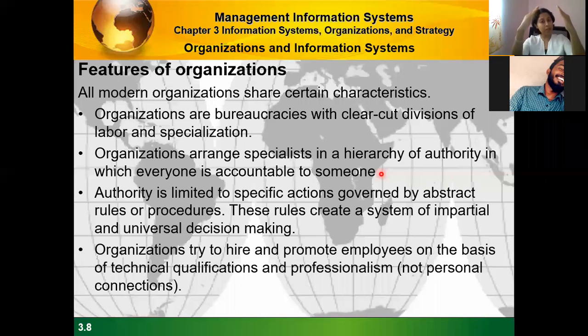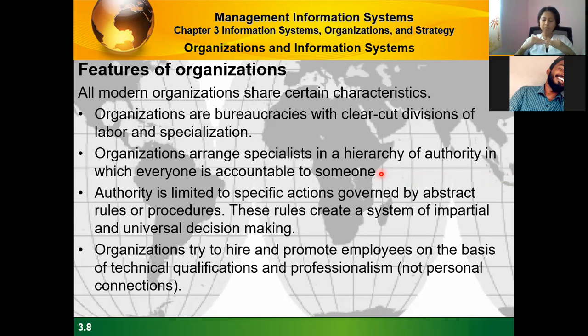Just think of a pyramid structure, which we usually refer to when defining an organization. So in this hierarchy, there are levels of authority, right? Different levels of authorities are there, right? The level of authority increases as you keep on moving towards the higher levels of the hierarchy, right?